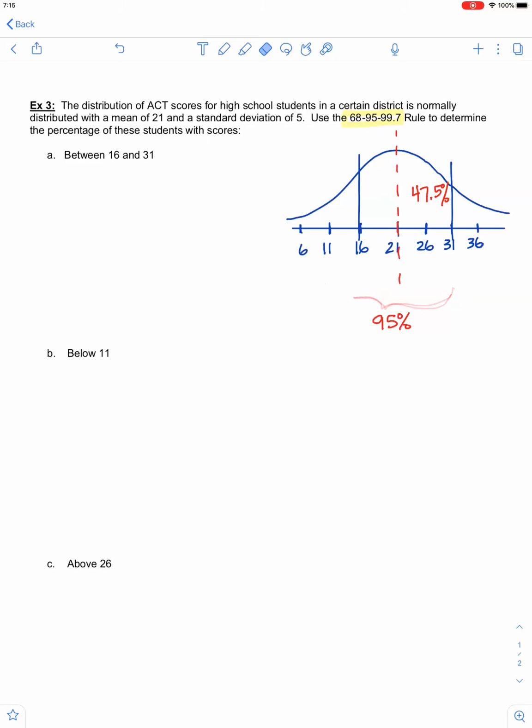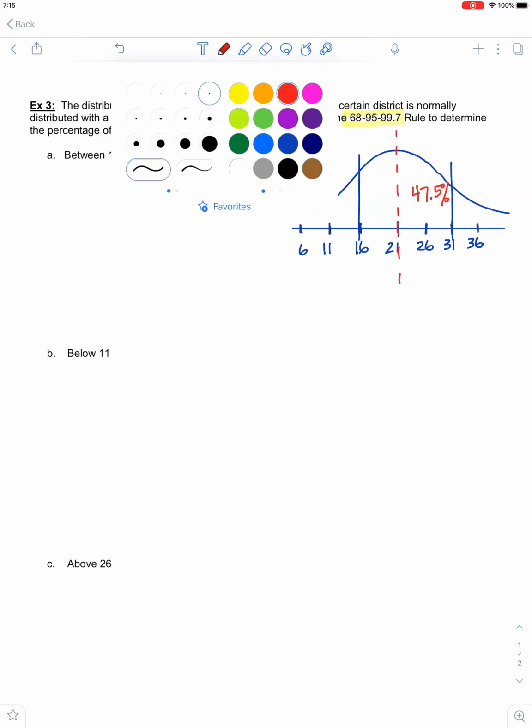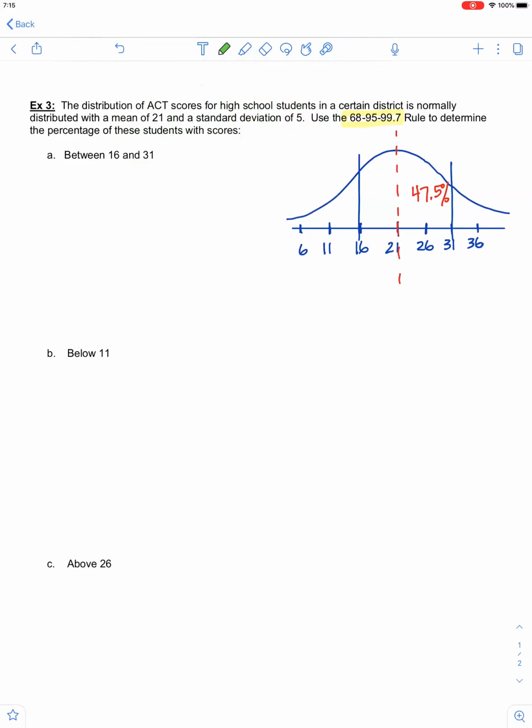Then I can think of the 1 standard deviation idea, right? Within 1 standard deviation, that was the 16 to 26, that's 68%. So this portion here, 1 standard deviation to the left is half of that, 34%.